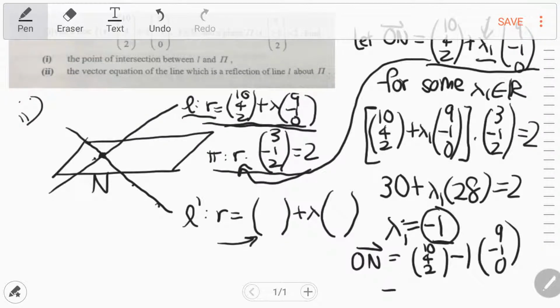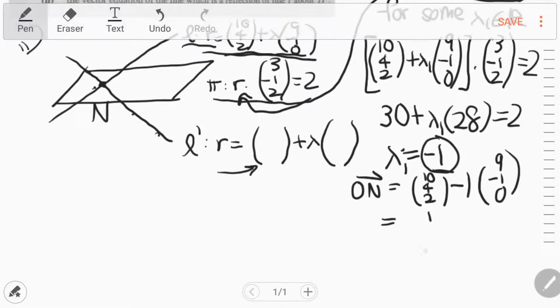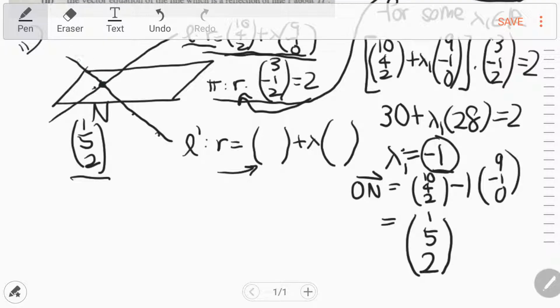That gives me 10 minus 9 is 1, 4 plus 1 is 5, and 2 minus 0 is 2. So I get ON equals (1, 5, 2). I'll label this point (1, 5, 2). Since this point also lies on the reflected line, I can use it as the position vector. The task remains to find another point on this line.